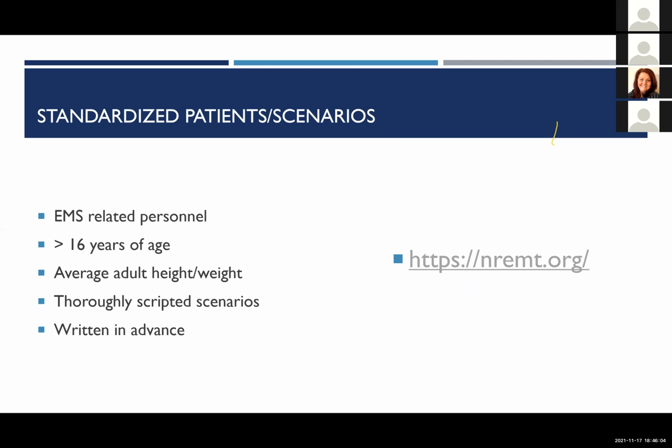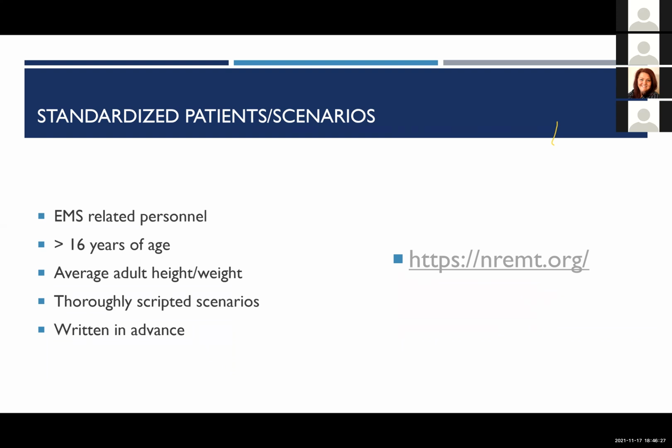Okay, it's recommended that they're EMS related. So think of past students, current students, somebody who has some degree of knowledge in the EMS field. Now, it's not a requirement, but it is recommended. And certainly that would improve reliability in learning outcome or testing outcome and also evaluating outcome.